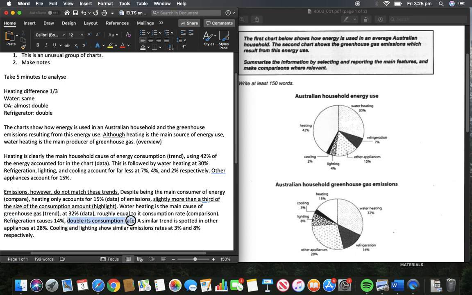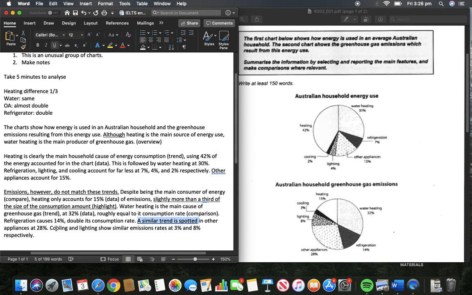Double its consumption rate, so that's the comparison. 14, 7. So again, highlight and compare. A similar trend is spotted in other appliances at 28%. So again, instead of saying the same thing for 15%, 28%, I just said a similar trend is spotted in other appliances at 28%. So at this point, I've decided to say a little bit less.